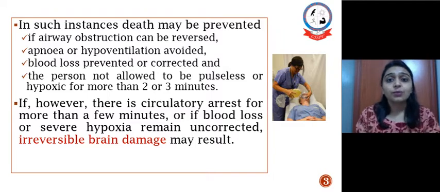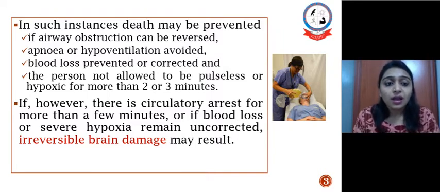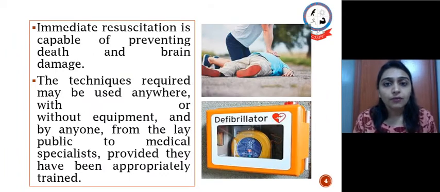If, however, there is circulatory arrest for more than a few minutes, or blood loss or severe hypoxia remain uncorrected, then irreversible brain damage may occur, which may lead the patient to go into coma. For this, we need to do immediate resuscitation to prevent brain damage and death.